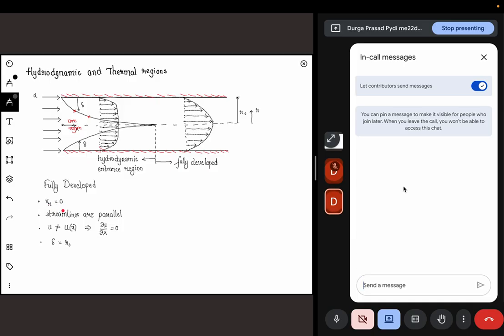And V_r is equal to 0. How do we get this? You can take the continuity equation: del U del X plus del V del R equal to 0, and you know del U del X equal to 0, which means del V del R equal to 0.